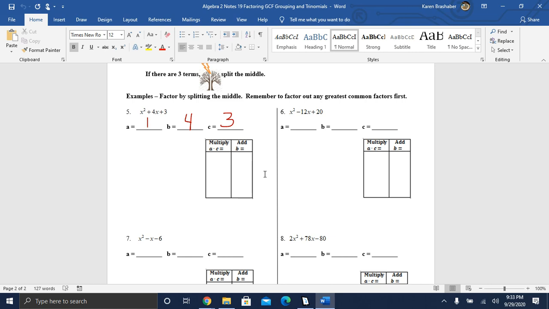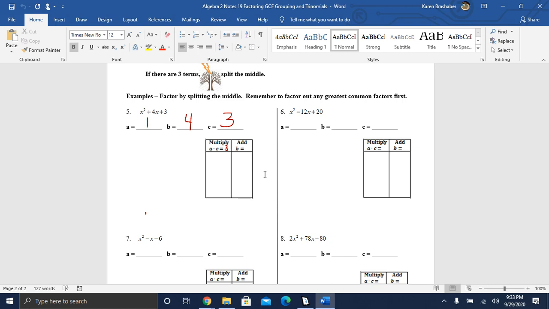For all of these problems, you're going to be provided with a chart. We're going to use this chart to help us figure out what to split our middle number up into. Our middle number, we need to split it into 2, but it's not necessarily split in half. We have to use a little bit different method. So we're going to look at what multiplies to the a term times the c term. So a times c in this problem, 1 times 3 is 3.